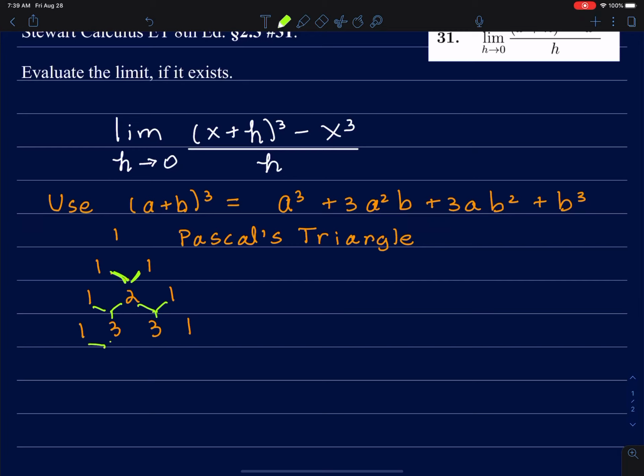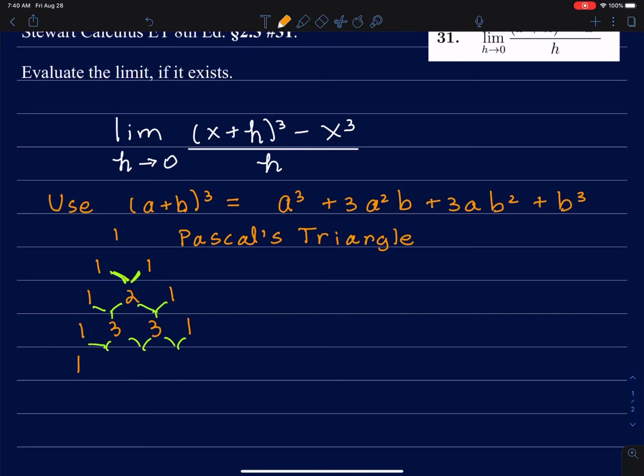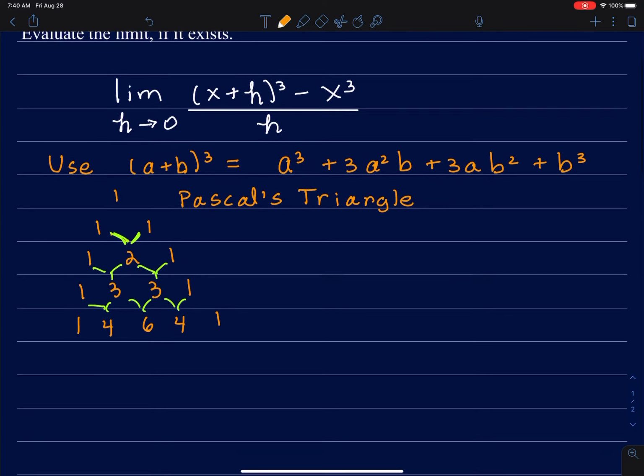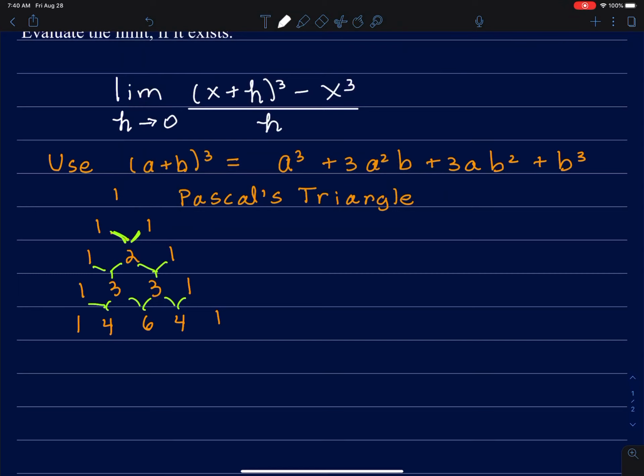If you wanted to go one step further, you would follow that same pattern and get 1 plus 3 is 4, 3 plus 3 is 6, 3 plus 1 is 4, 1. It's not really the topic of this video, but we need to use this formula for the expansion of a plus b to the third power. All right, so let's go back to the limit and expand.